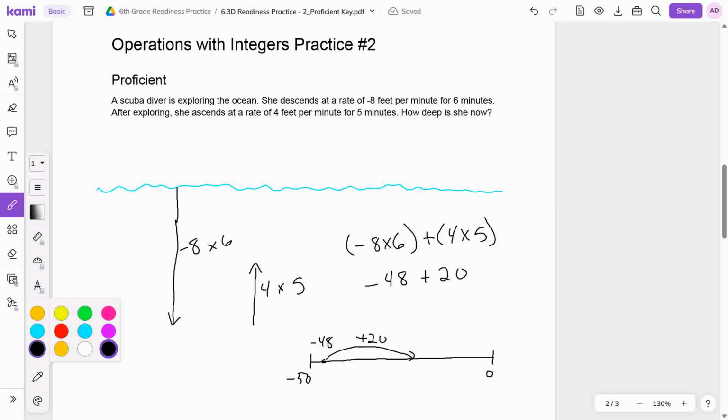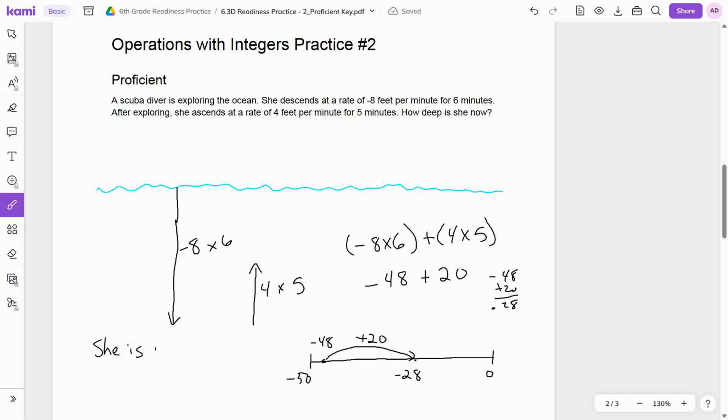Not quite back up there, but a negative 28. So if we're trying to figure out what is negative 48 plus 20, since we're moving to the right, we could take 48 minus 20 to get that 28. So we can at least get the number. We just have to know that it's going to end up being a negative 28.